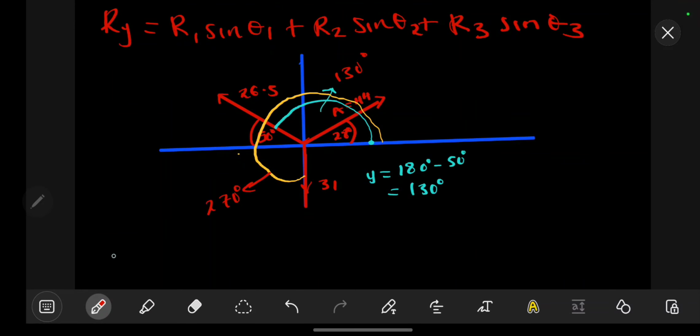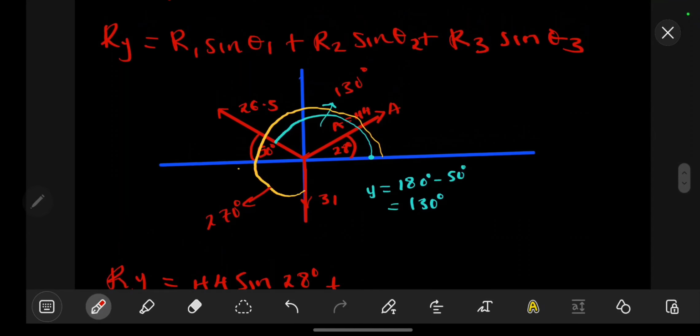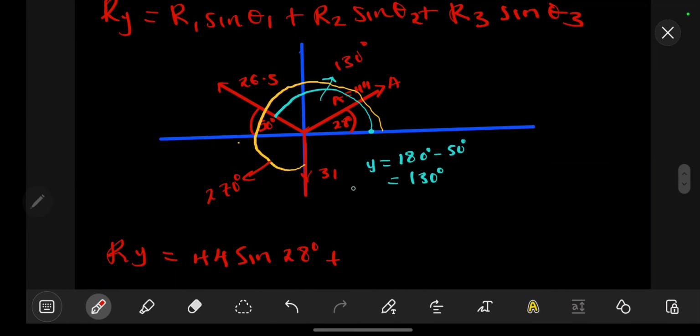So we have our ry, which is equal to 44, which is our A. Then we are going to put our sine of the angle measured from the positive x-axis, 28 degrees. Then we have plus our R2, which is equal to 26.5, with the sine of the angle.